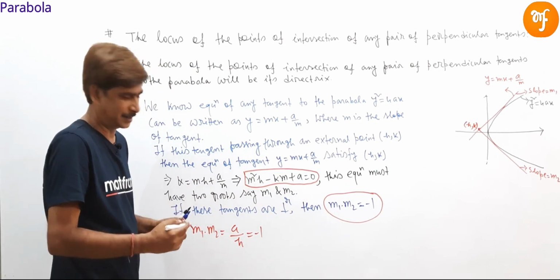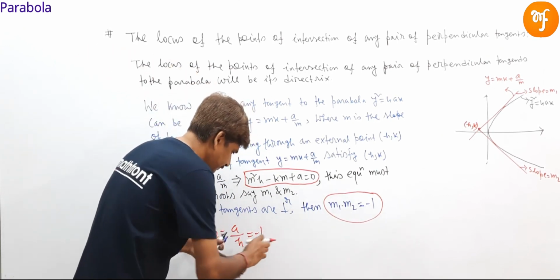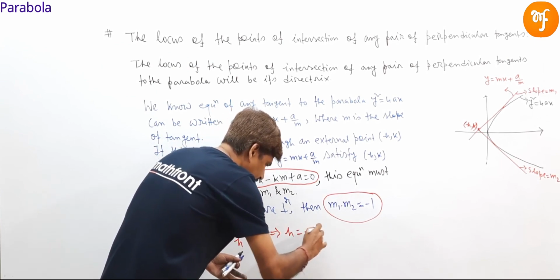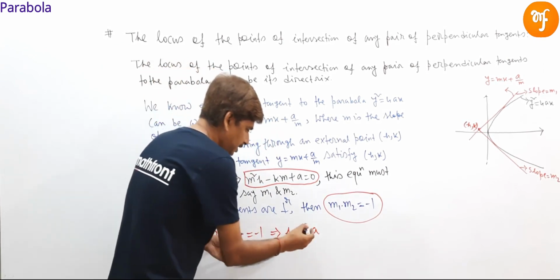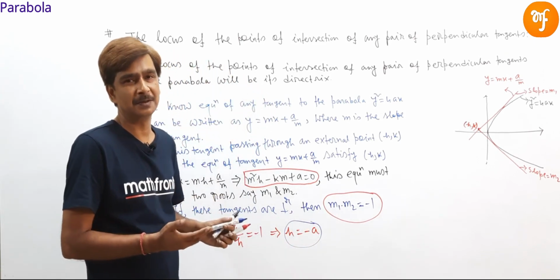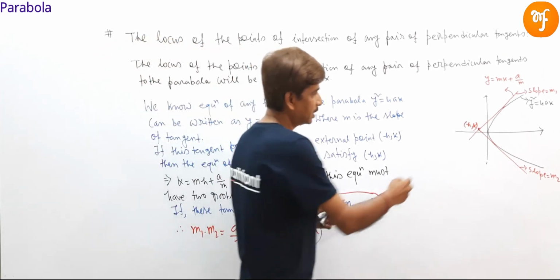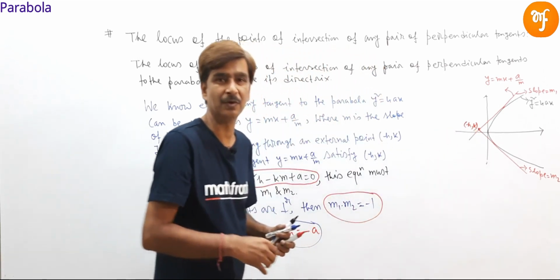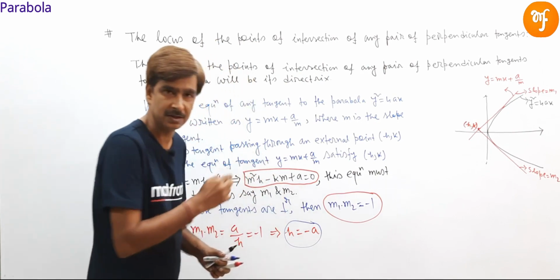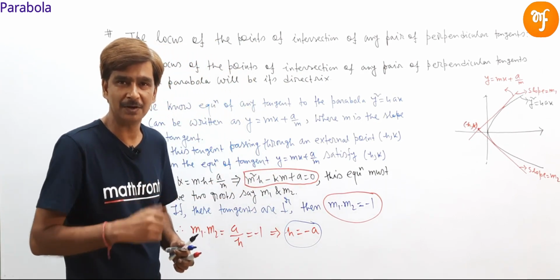So what can we say? We can say h is equal to minus a. So we get h is equal to minus a. This is nothing but the locus of the point h k. So what is the locus of the point h k? Just substitute h by x, we will get x is equal to minus a.